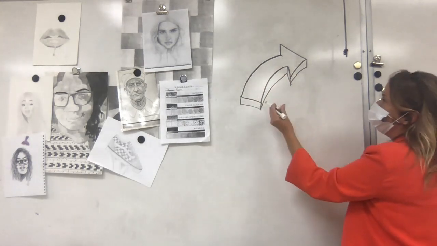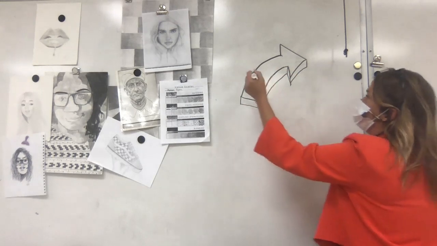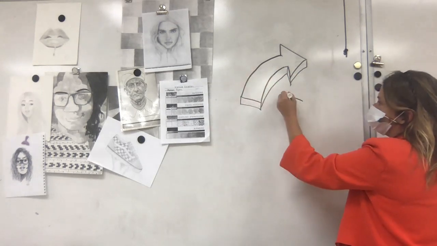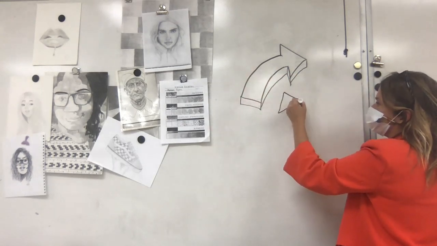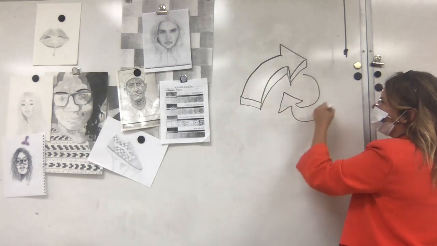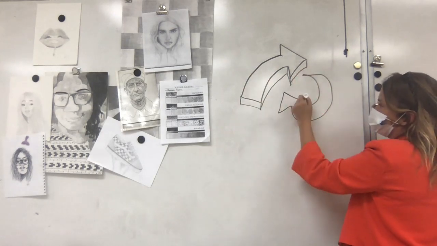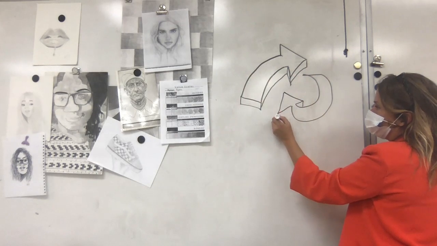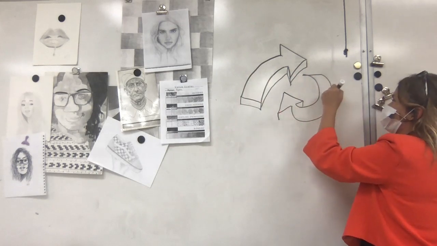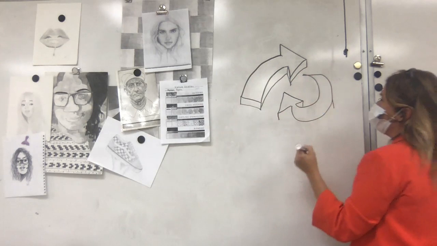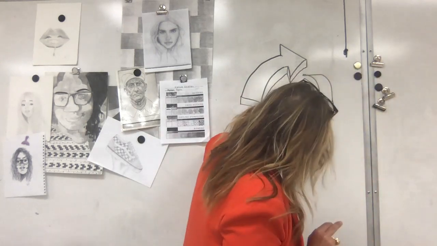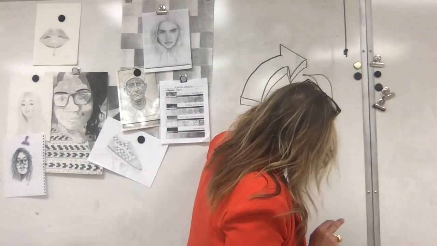Now, next thing you do is just draw another arrow. Same thing, anywhere it turns, right where it turns, you're going to make an edge. Anywhere it changes shape.